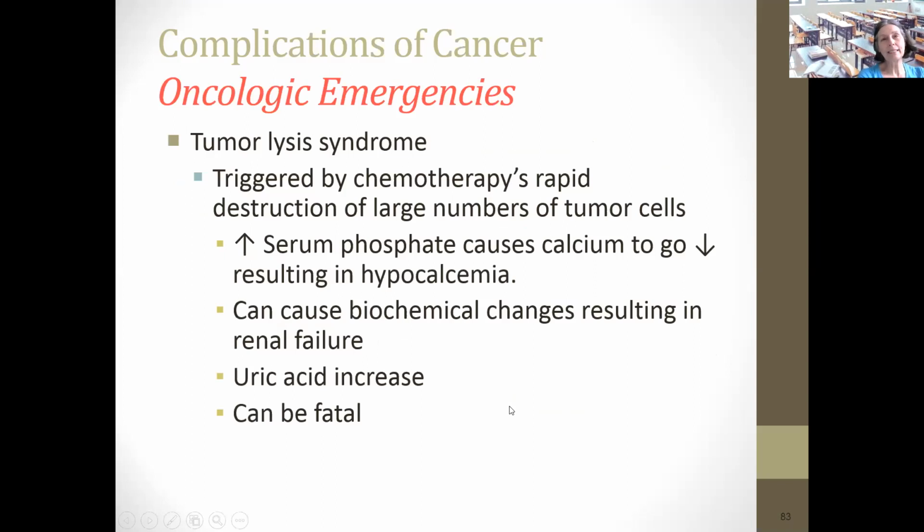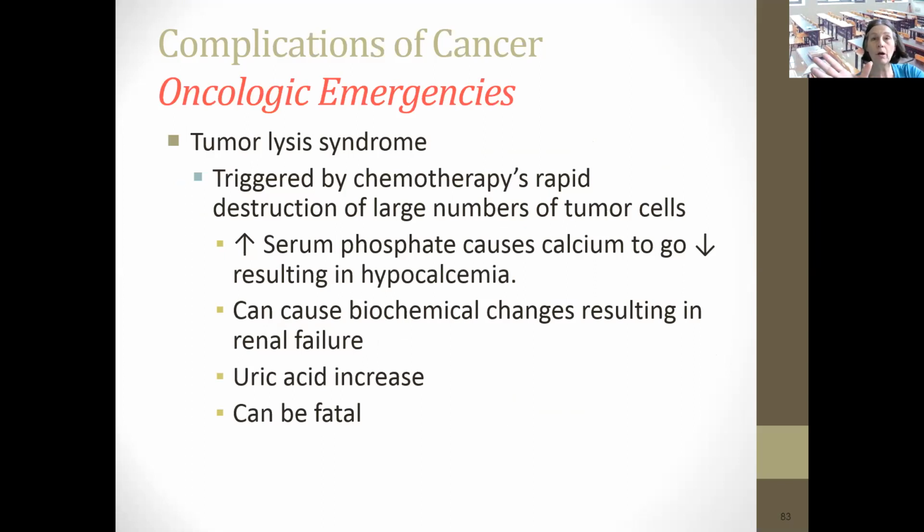Tumor lysis syndrome, another oncologic emergency, happens a lot with certain lymphomas and other large solid tumors where we give them a big dose of chemo and lots of cell kill happens and lots of tumor cells are destroyed and they open up and dump their contents into your vascular space. We killed them, cell lysis.